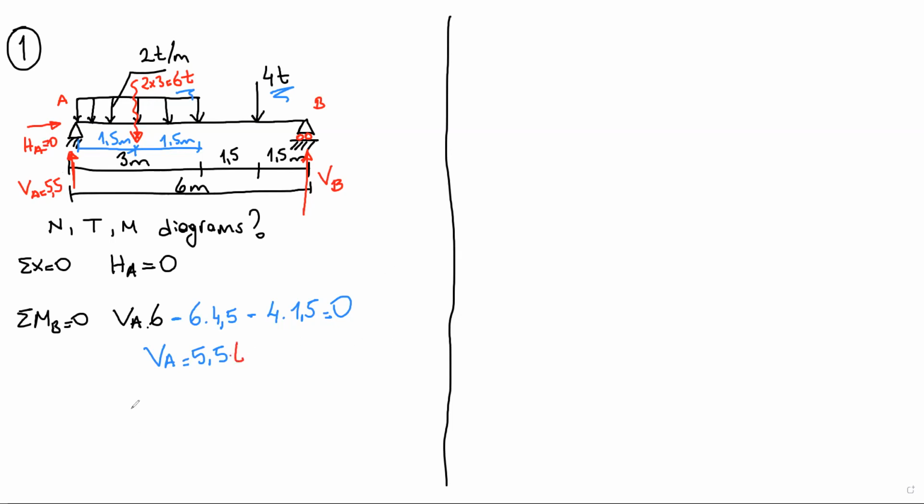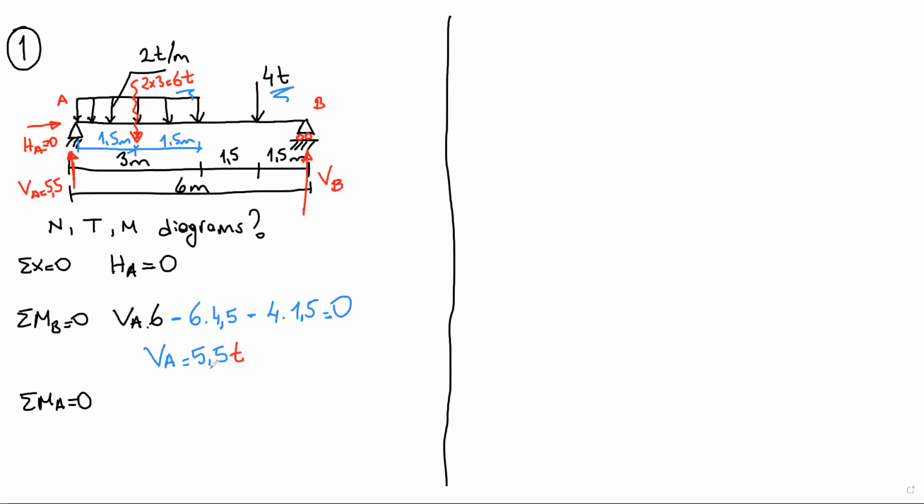Now, this time, let's do the total MA. Actually, you know how to calculate support reaction. This is just a reminder for you. It's a kind of recap of the statics course, but you have to use this knowledge in these internal force diagrams.